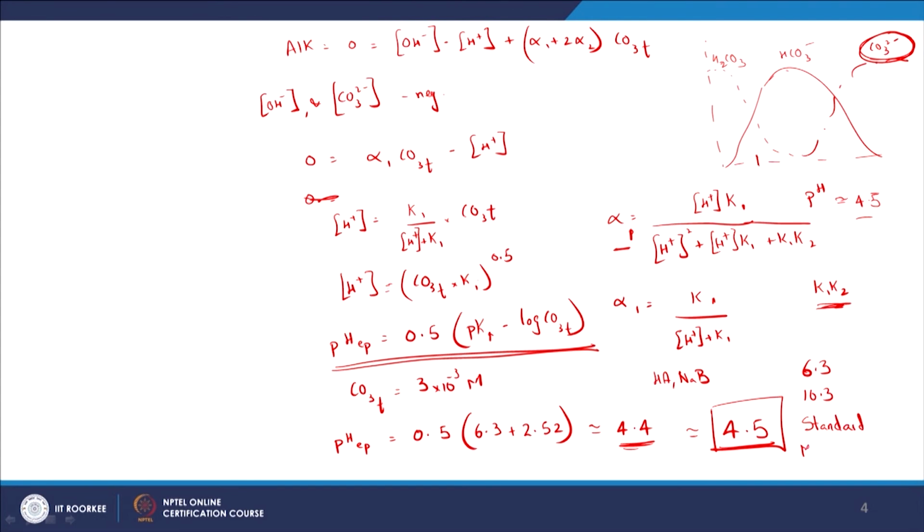The standard methods would define your alkalinity as titrating with acid until you reach the equivalence point of H2CO3, and to account for loss of CO2 into the gaseous phase during your titrations, standard methods would specify an endpoint of 4.5. Again, we just looked at the relevant derivation with respect to alkalinity.